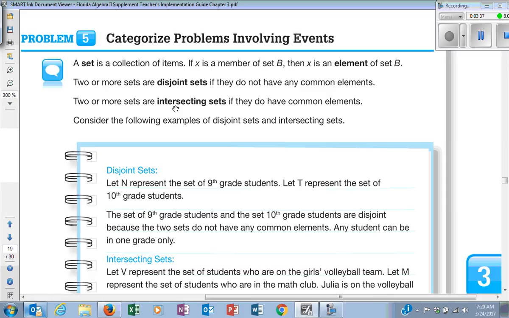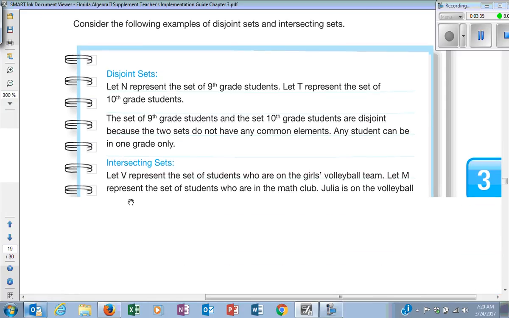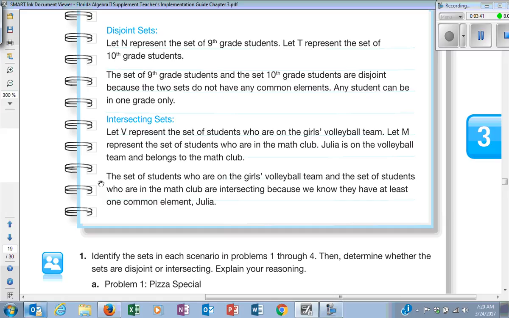Does that make sense? And then they give you some school-related ones, where there's the 9th grade student list and the 10th grade student list. There shouldn't be any kids that overlap. Either you're in 9th grade or you're in 10th grade, for our point. There is no in-betweens. I know some of you, for credits and stuff, no, that's not really on a list. You have to have this many credits in order to be a 10th grader.